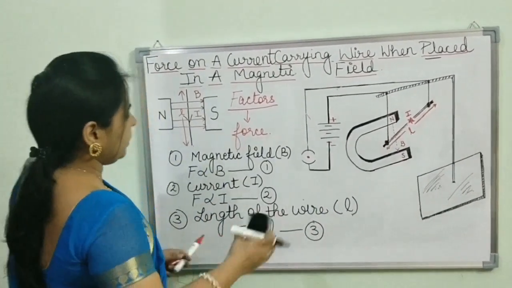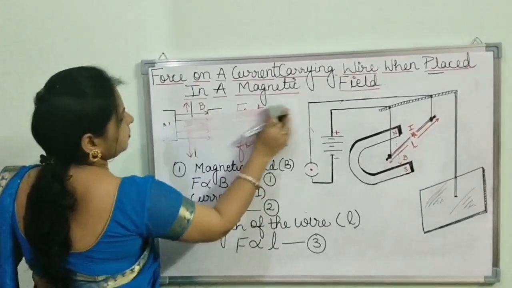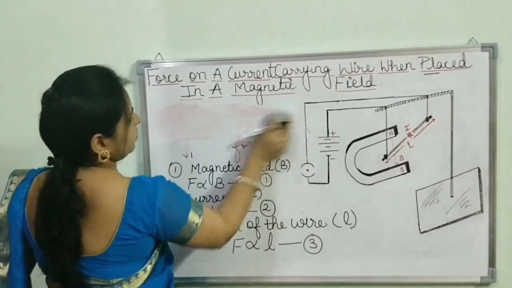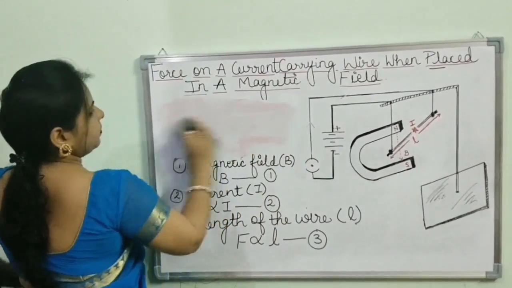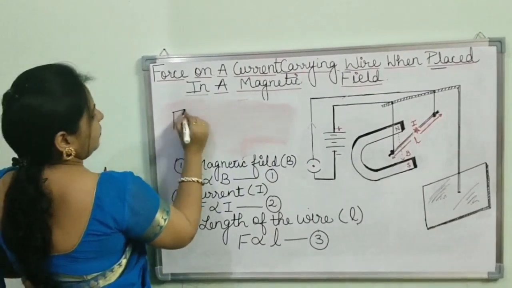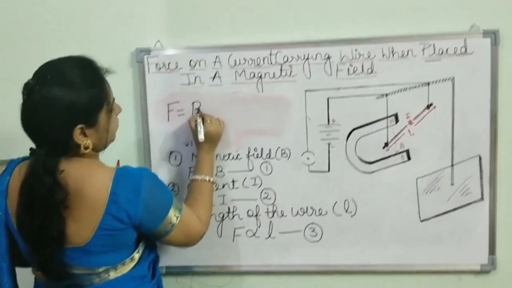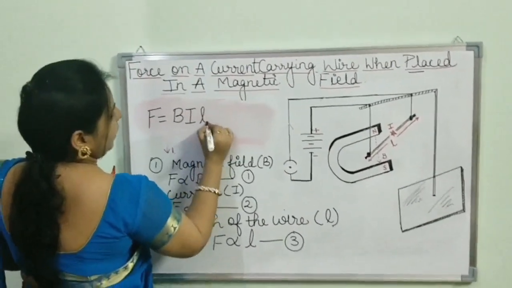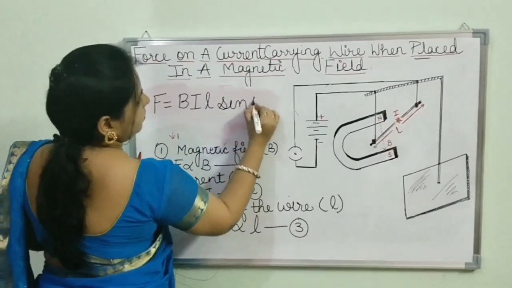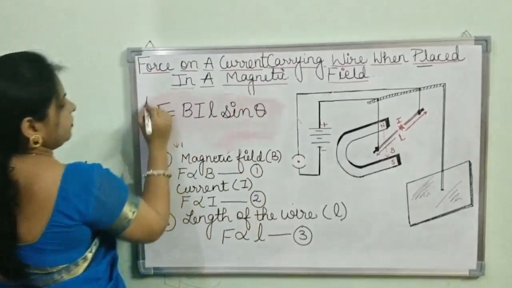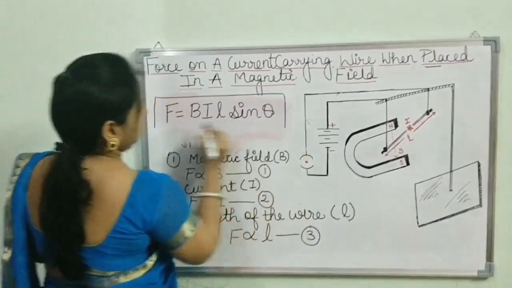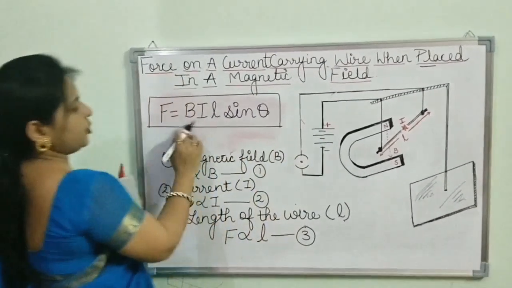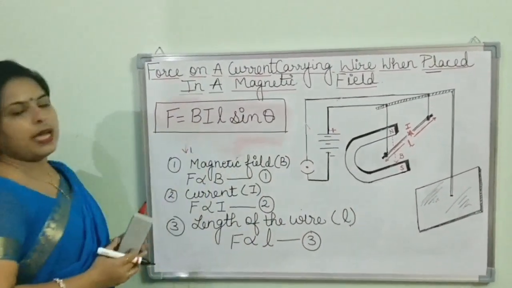Now a simple formula that you have to study is F is equal to B I L sine theta.